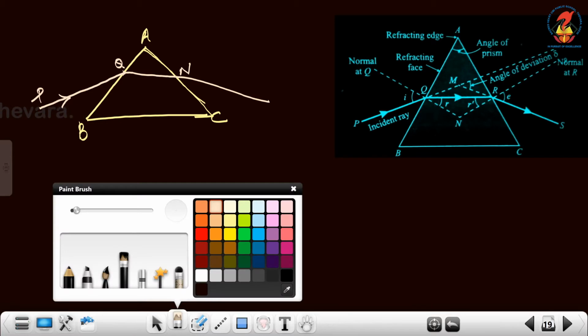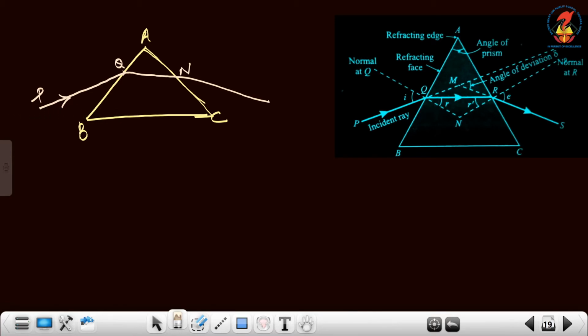Now next we are going to find the angle of incidence, emergence, etc. For that we have to draw normals.